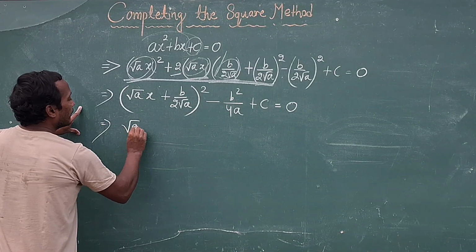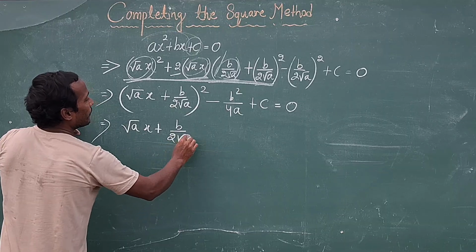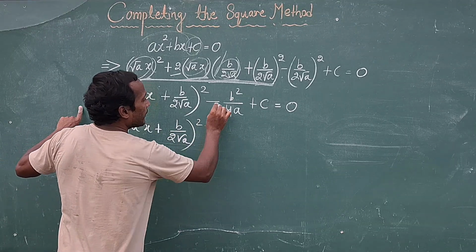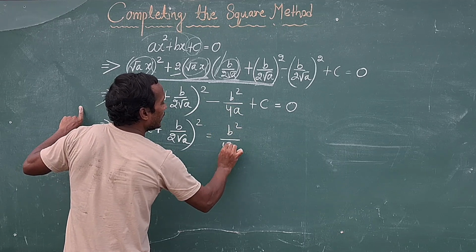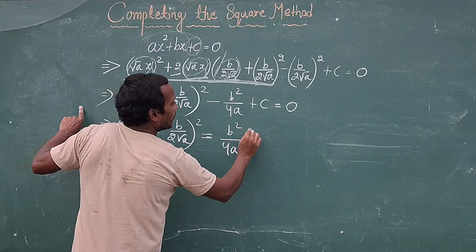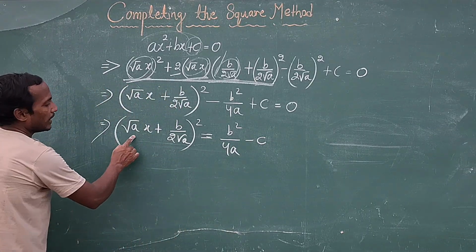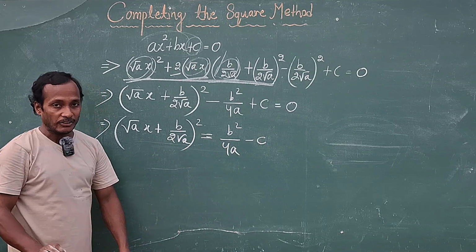Root ax plus b by 2 root a whole square I am keeping on the left side, and minus b square by 4a I am shifting to the right side, so it becomes plus b square by 4a. Now plus c becomes minus c on the right side. I have root ax plus b by 2 root a whole square equal to b square by 4a minus c.